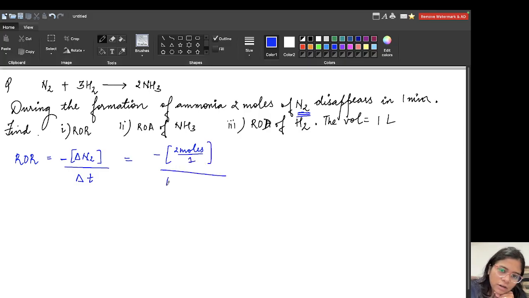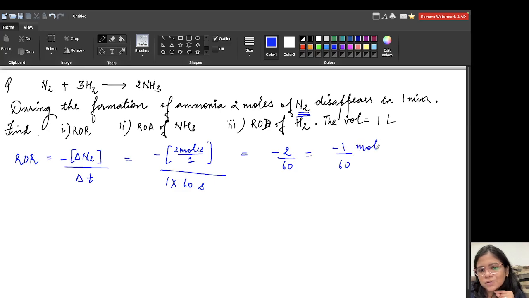We need to convert it into seconds: 1 into 60 seconds. So this will be equal to minus 2 by 60, which is minus 1 by 30. So your rate of reaction is minus 1 by 30 moles per liter per second. This is your rate of reaction.